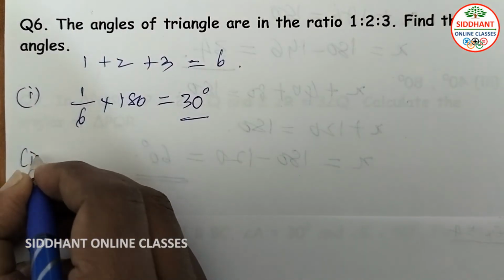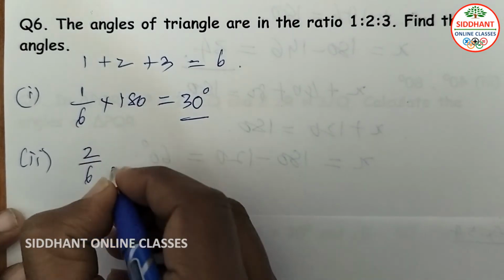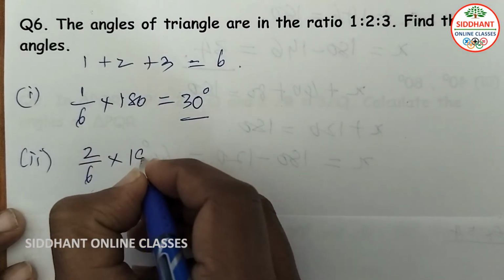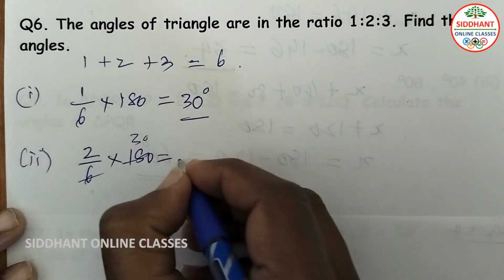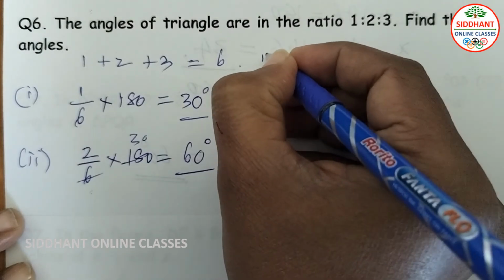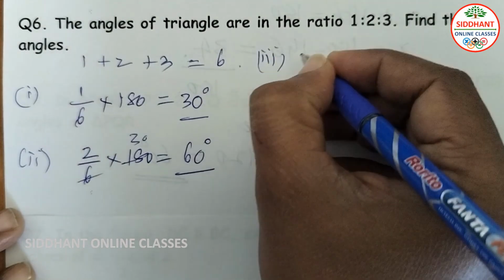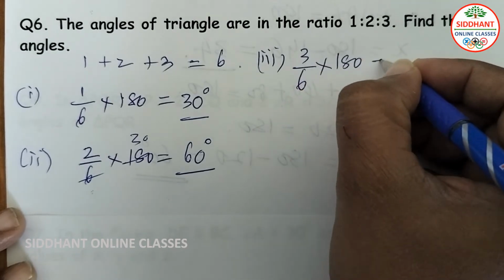Next, two parts: 2 by total 6 into the sum 180 degrees. So 30 into 2, that means 60. Next, the third part: 3 by total 6 into 180.